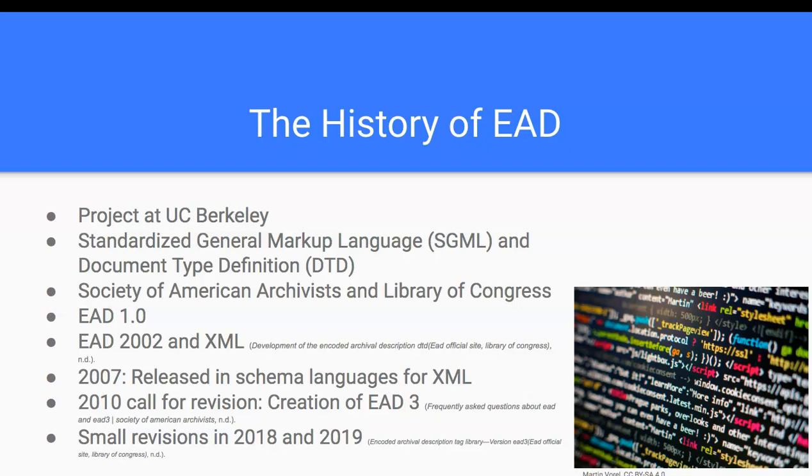And so they began working on this, and by 1995, they've gained the support of the Society of American Archivists, and the Library of Congress becomes the maintenance agency as well. And also in 1995, the creation of the tag library begins.